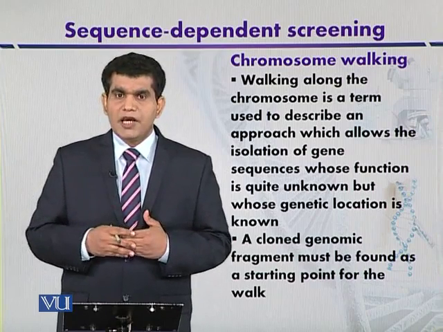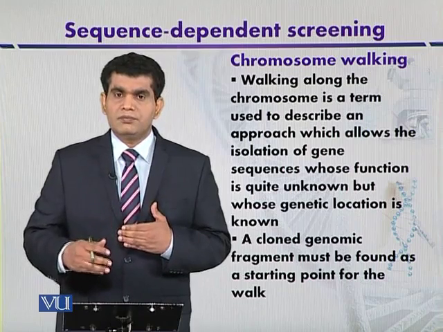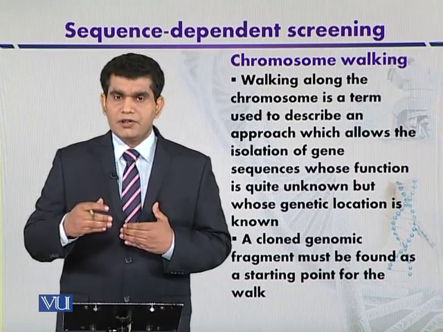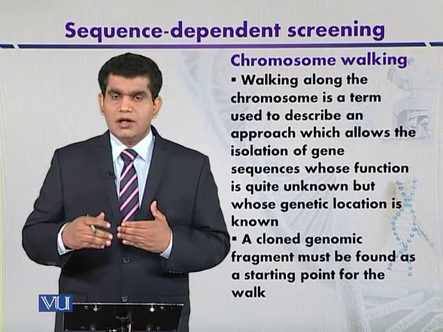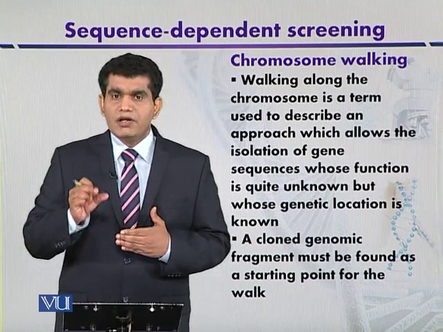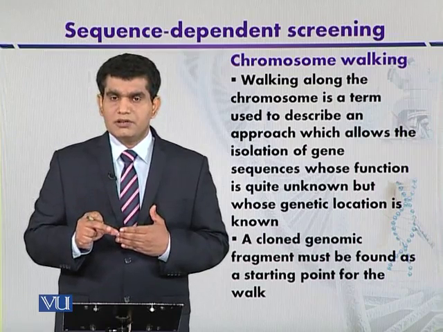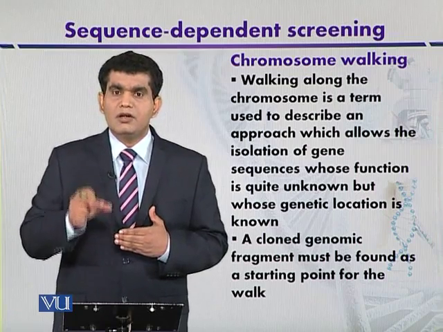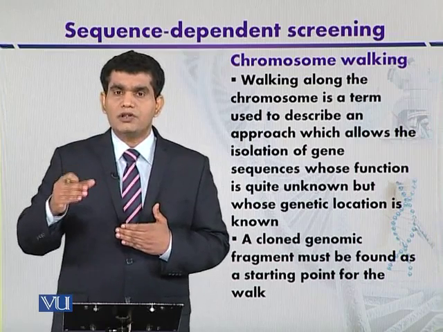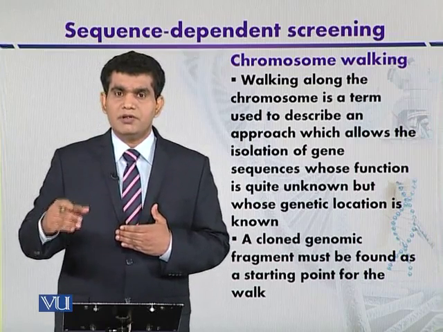For this purpose, we must have random DNA fragments in order to produce a library, and one fragment can be used as a starting point, or as a probe, so that the next contiguous DNA fragment will be detected.